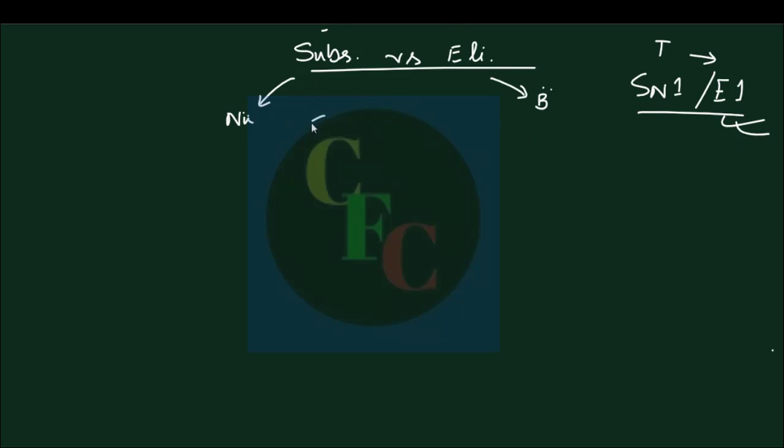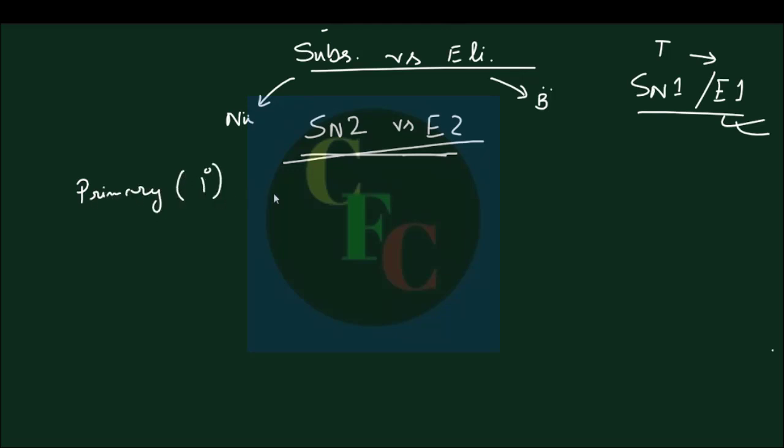But let us now see, more importantly, the more common reactions, that is SN2 versus E2. So which is favored under which conditions? Let us take first the type of substrates. If you have primary or 1 degree substrates, then what will be favored? Say a substrate like ethyl bromide.